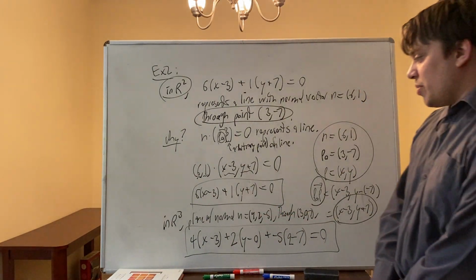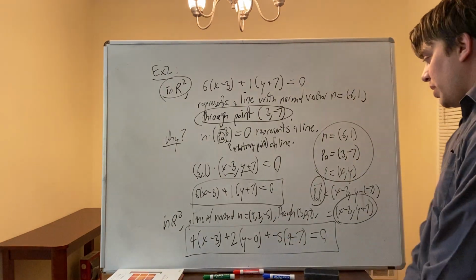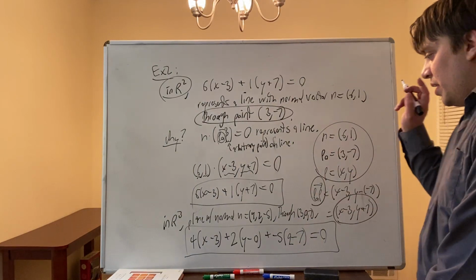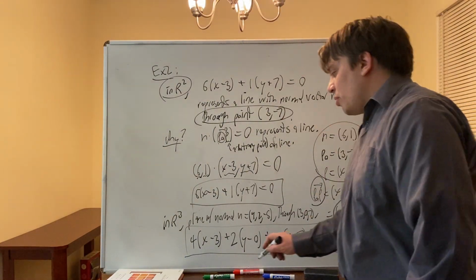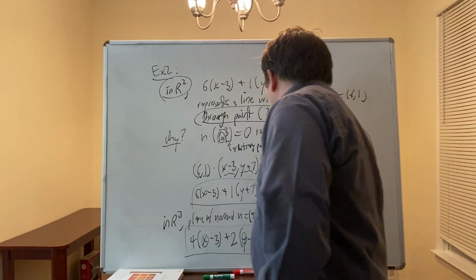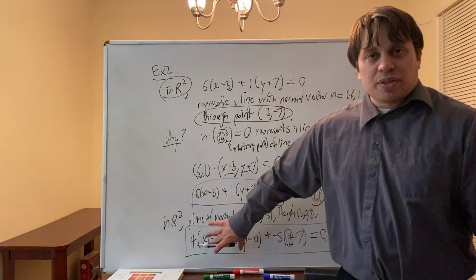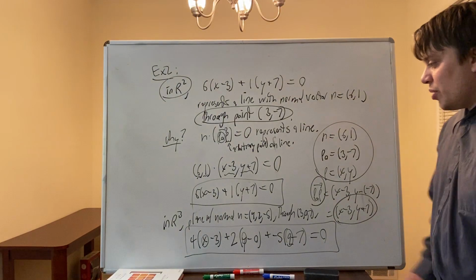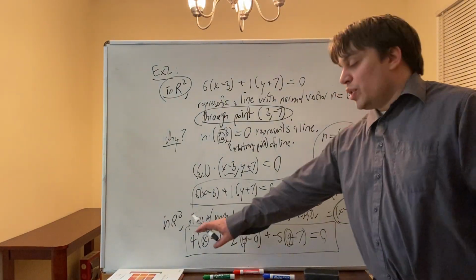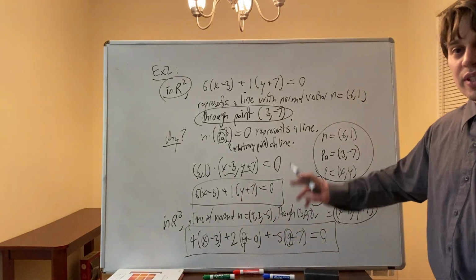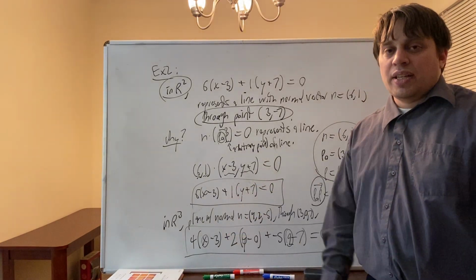Okay, the plane is determined by a normal vector and a point on that plane. It has to be the set of all points x, y, and z that satisfy that equation. Now you could rewrite this equation a different way, right? You could multiply these things out, you could add things, so you could write a different equation that's equivalent to it, with the same solutions as this one.